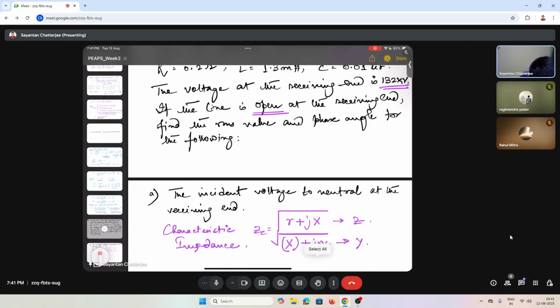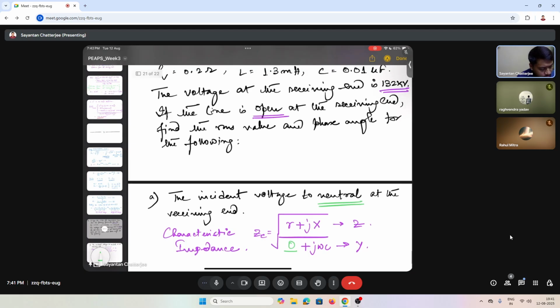Later on, yes, I need it. It is required in the question that the incident voltage be calculated with respect to the neutral.